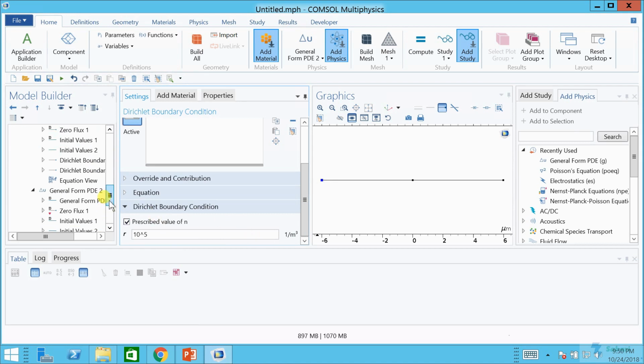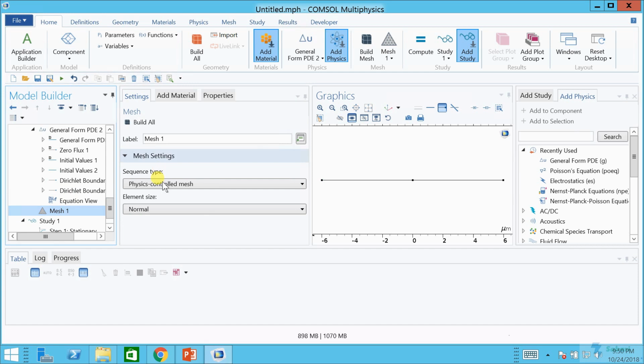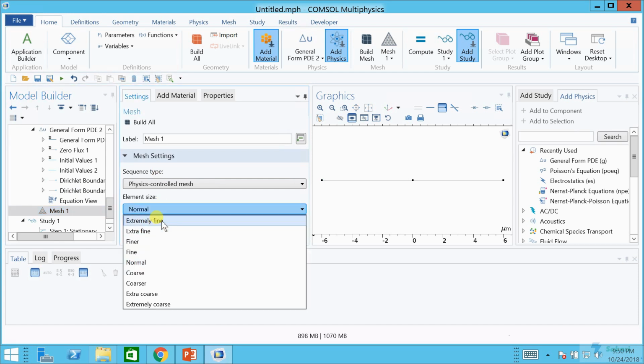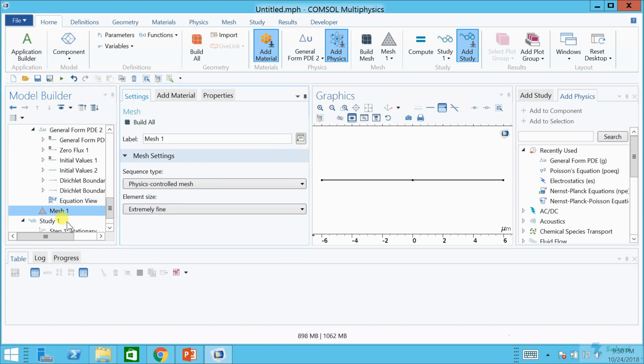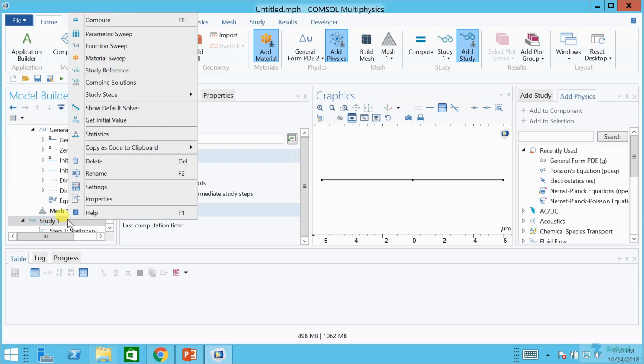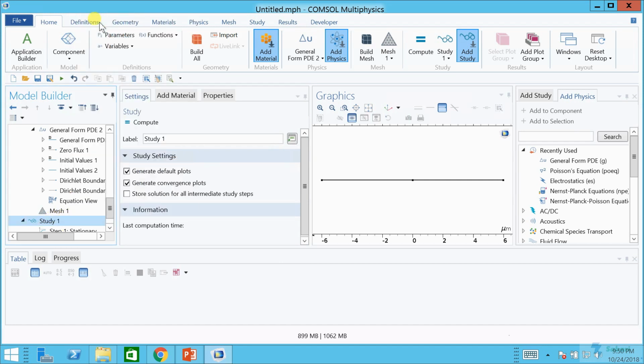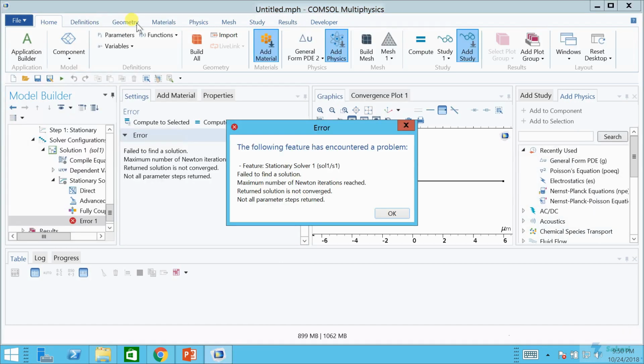Okay, now we have given the values for the drift and diffusion equation. We have created the Poisson equation and the drift and diffusion equation. Now I'm going to mesh this, let me use the extremely fine mesh, and I'm going to study it. And it says the maximum number of Newton iterations reached, and the returned solution has not converged.